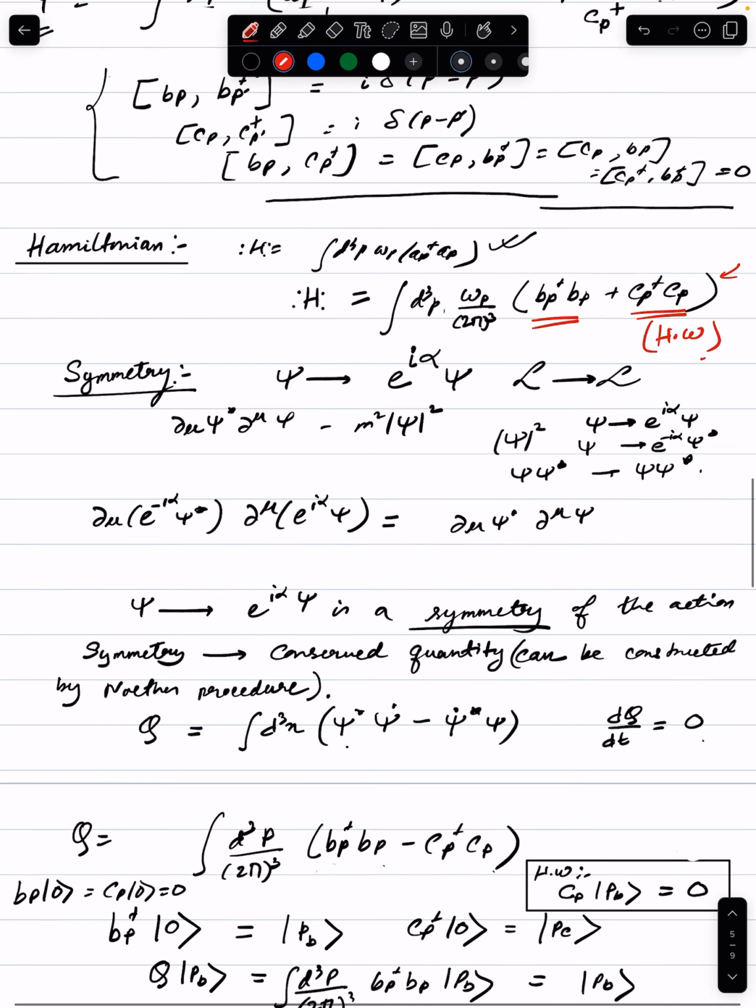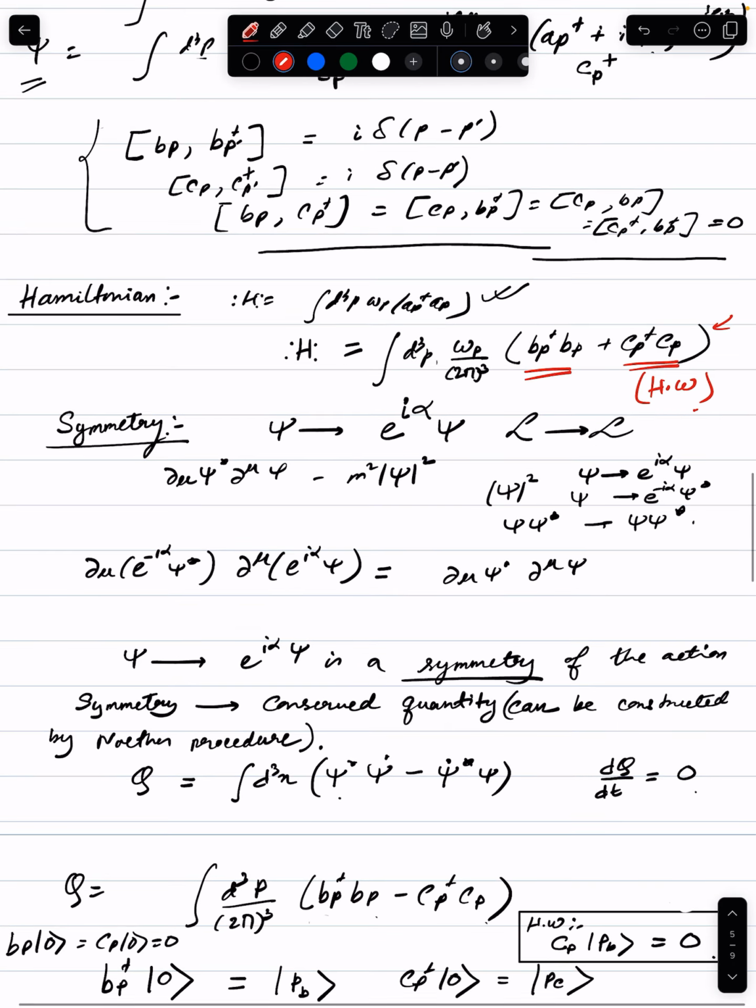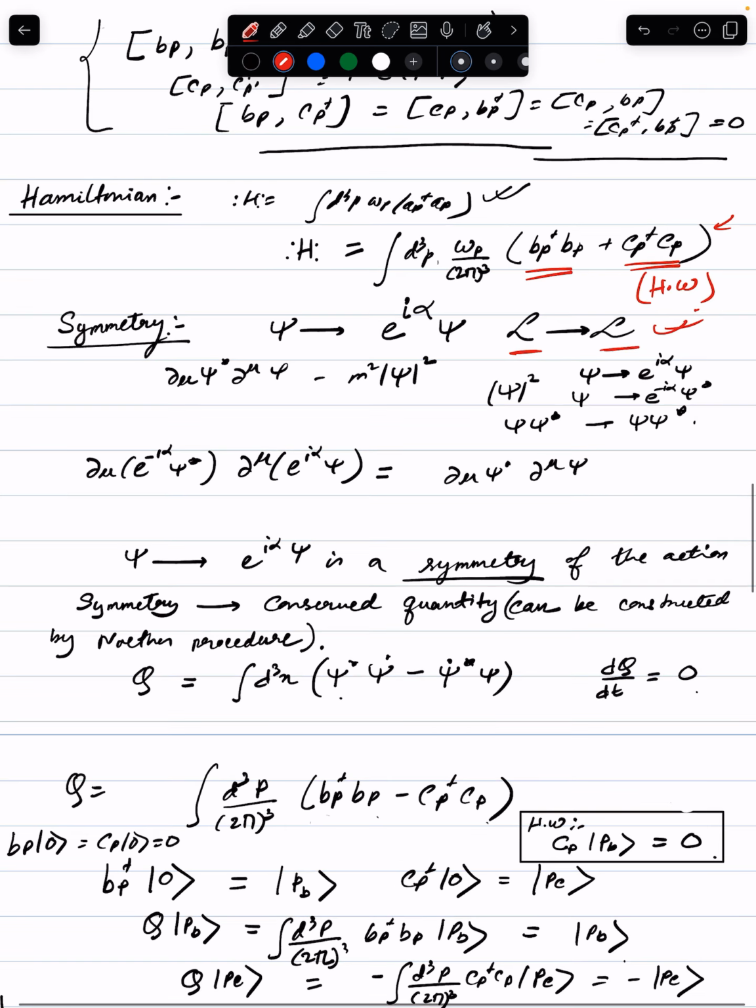Now there's a symmetry in this system. There's a symmetry in this Lagrangian, and this symmetry is that if I take psi and multiply it by some factor e to the power i alpha, then the Lagrangian will remain invariant, or the action will remain invariant. And this you can check because the Lagrangian looks like this, and this second term is mod psi squared.